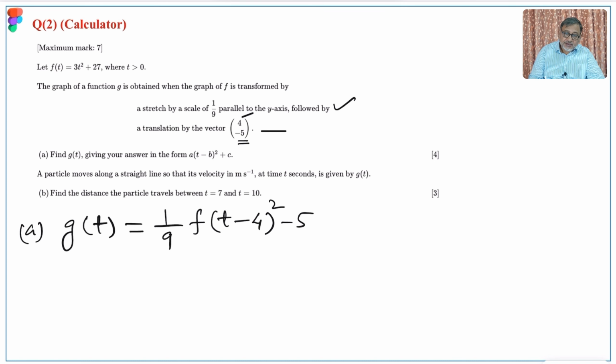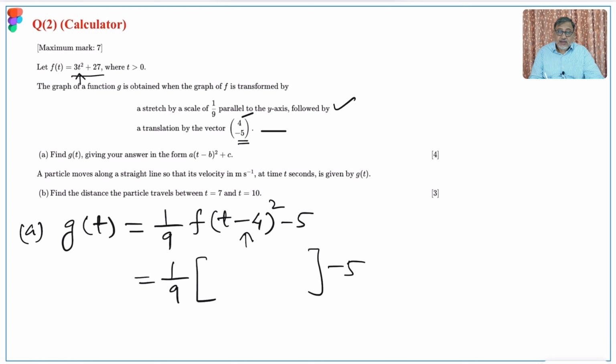Now f will be replaced by these values. So let us see what it will become. 1 by 9 f. F means what? Now everywhere in f you replace t by t minus 4 and then minus 5 will be outside it. So the whole f function will change by t minus 4.